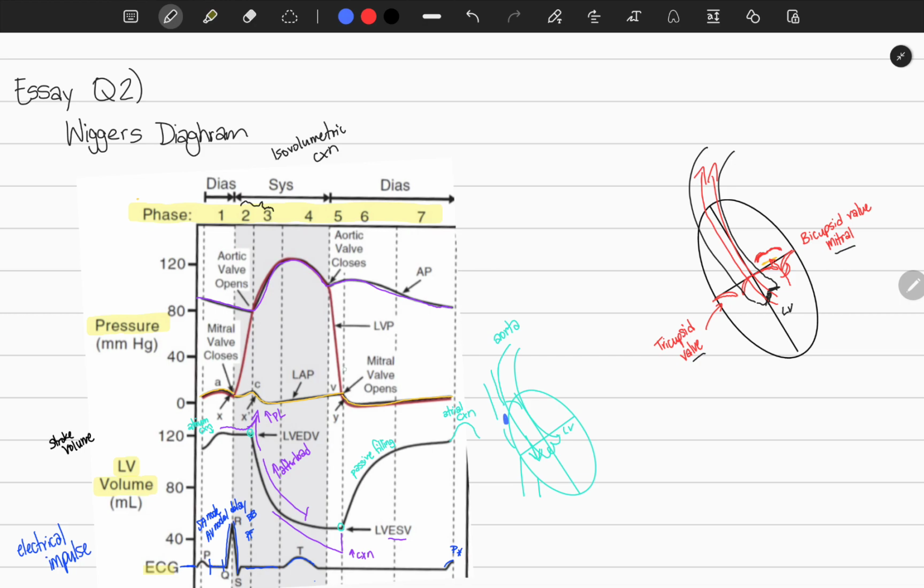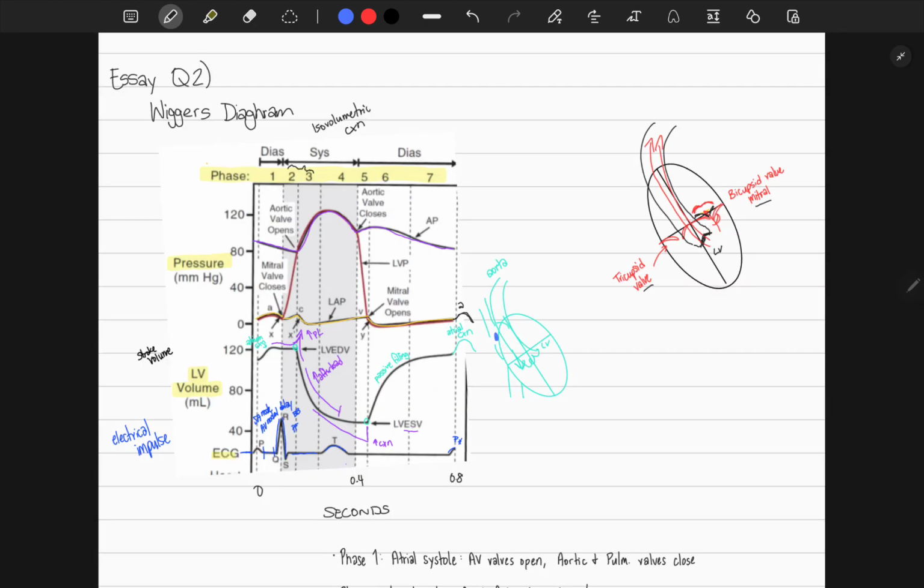And then the mitral valve is going to open again because it was closed. It's going to open and drop both ventricular and arterial pressures. And then this is going to happen again. As the A wave, it will repeat itself.